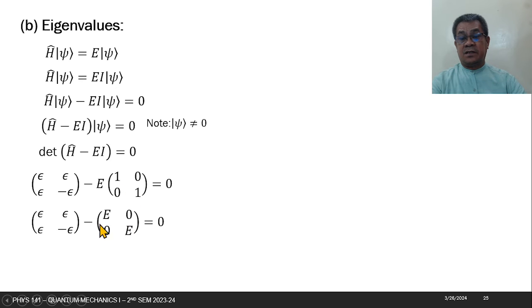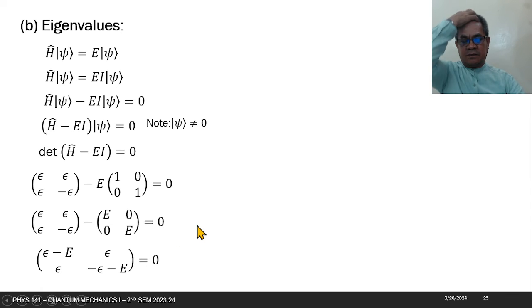Then this is the result. Of course, this is 0, and this is E and E. Then subtract the two matrices. So it should be epsilon minus E, epsilon minus 0, epsilon minus 0, negative epsilon minus E. So we subtract the two matrices. So we have this result as one matrix only.